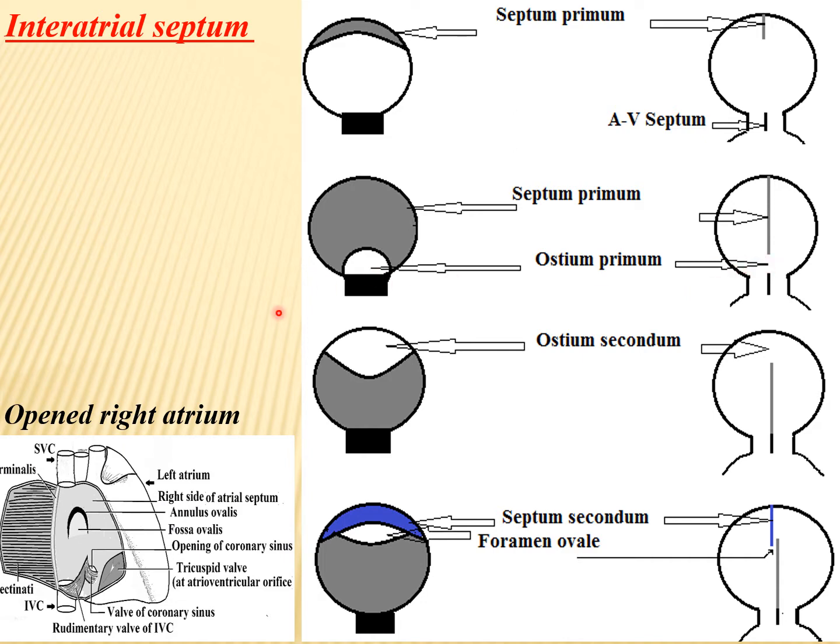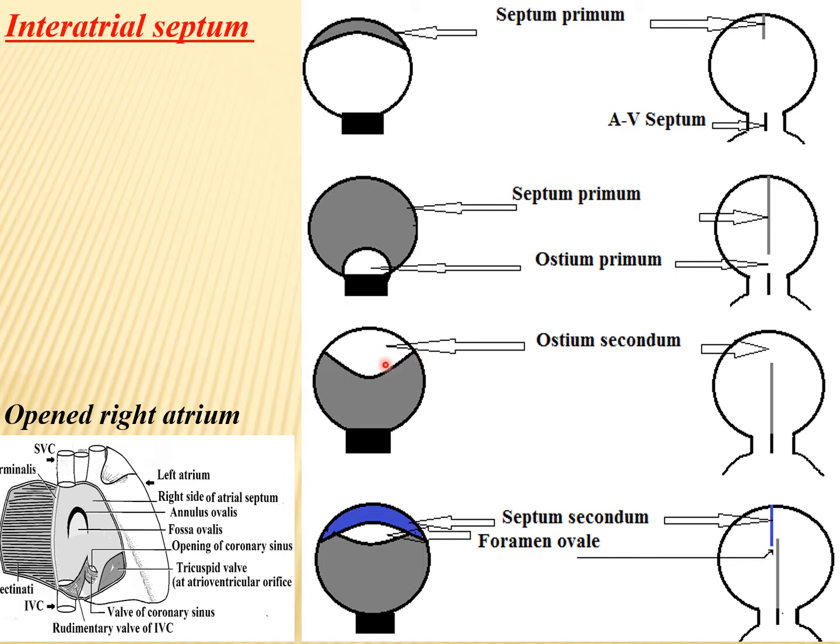With more growth of the septum downward, this ostium primum closes, and at the same time another foramen appears above, through breakdown of the upper part of the septum. The new foramen is called the secondary foramen, or ostium secundum.